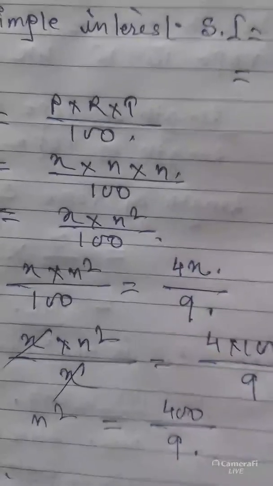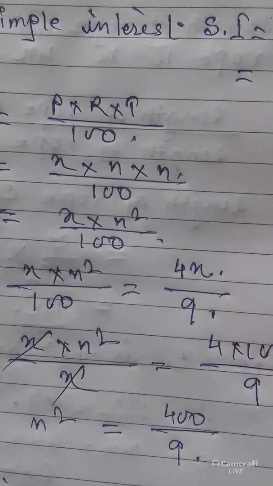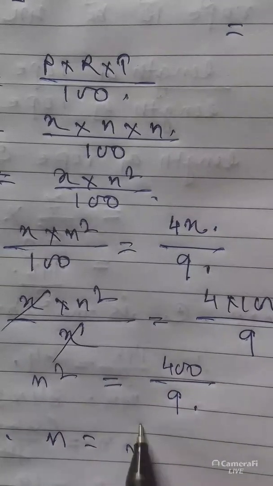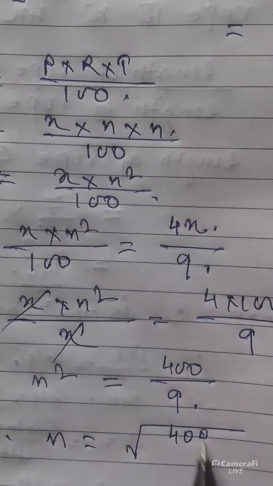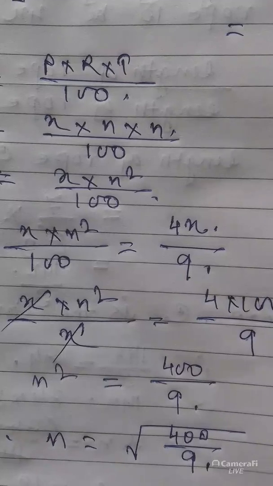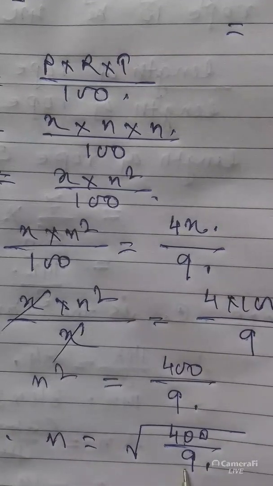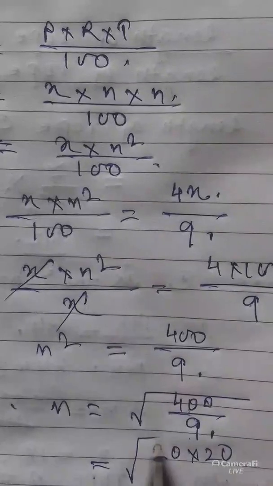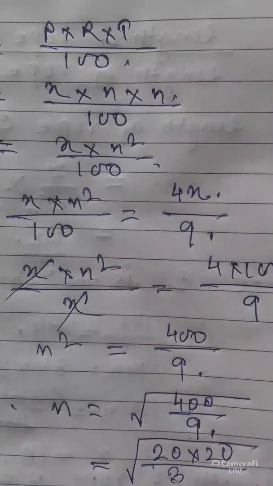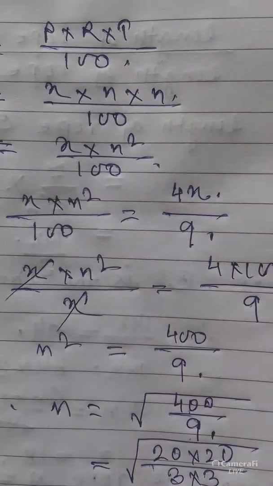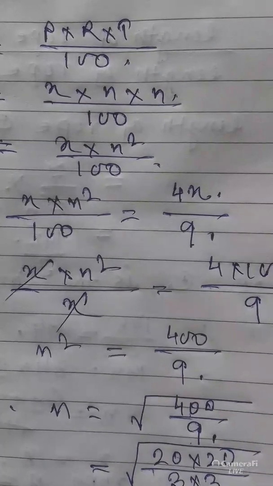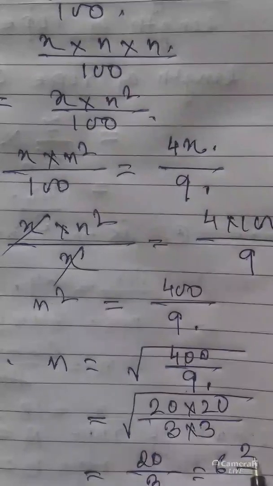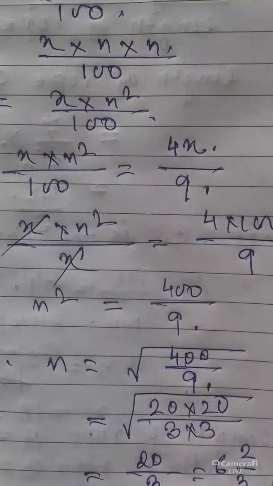Therefore, n equal to under root 400 by 9. 400 by 9 means under root 20 into 20 by 3 into 3. So 20 by 3 means 6 whole 2 by 3.